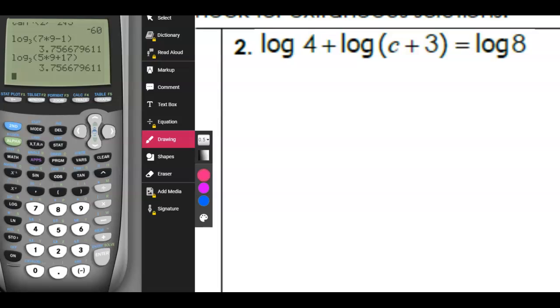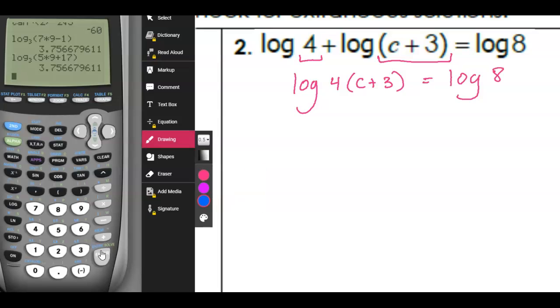This is why we learned what we did last class. How do we take two logs that are being added and condense them to a single log? Multiplication of the arguments. So we take 4 and c plus 3 and we multiply them. So we end up with log of 4 times c plus 3 equals log of 8.